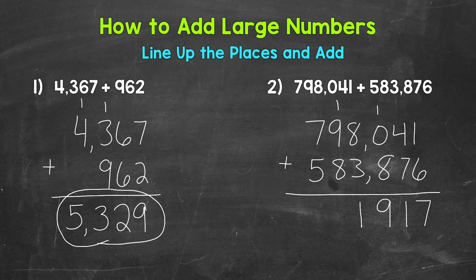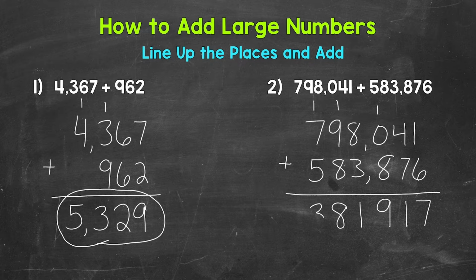Now we move over to the 10,000s place where we have 1 plus 9 plus 8. 1 plus 9 is 10, plus 8 is 18. So put the 8 in the 10,000s place and then carry the 1 over to the 100,000s place. And then lastly, we move over to the 100,000s place where we have 1 plus 7 plus 5. 1 plus 7 is 8, plus 5 is 13.